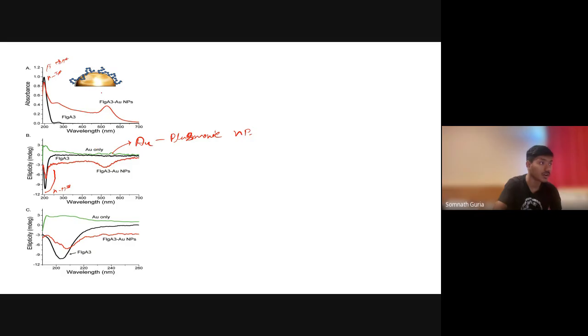While we are adding peptide onto the gold nanoparticle, the 500 nanometer region spectrum becomes CD active and shows a negative value. Definitely there is some ellipticity, so some induced chirality comes into the picture.